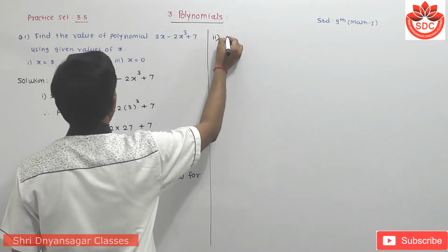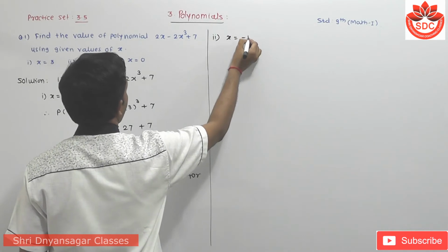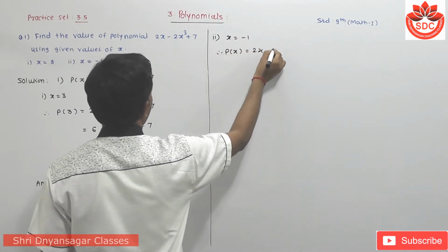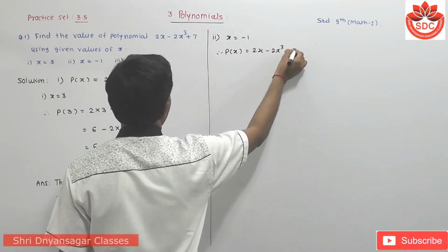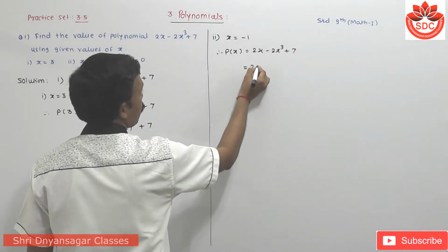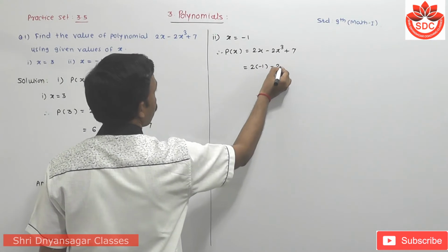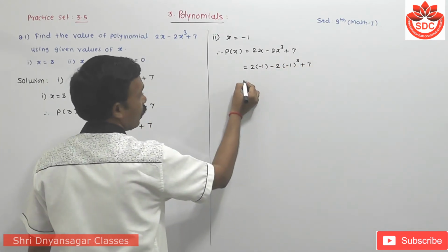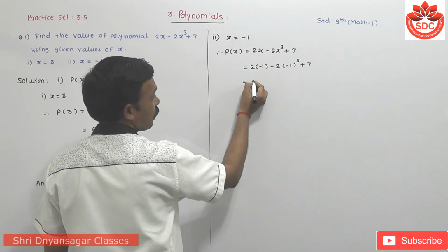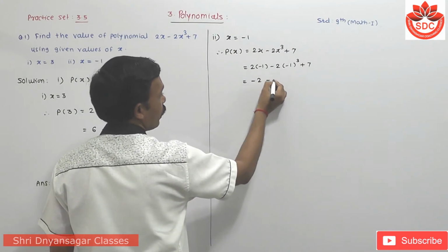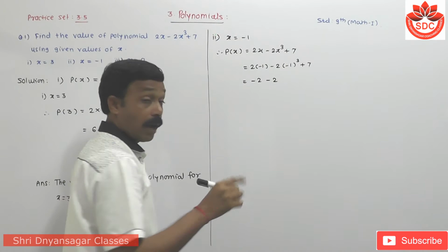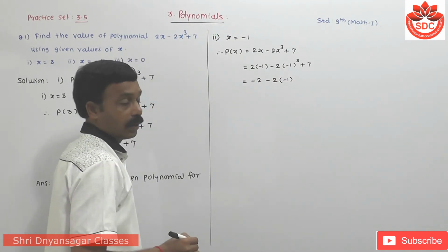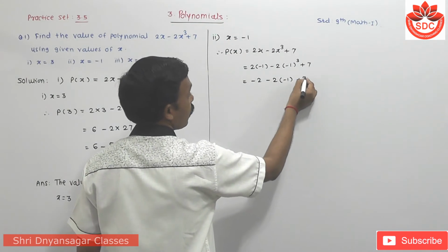The second one is for x equals minus 1. Therefore, p(x) is 2x minus 2x cube plus 7. Here it is 2 into minus 1 minus 2 into minus 1 cube plus 7. 2 into minus 1 is minus 2. Then minus 2 into minus 1 cube, which is minus 1. Then plus 7.